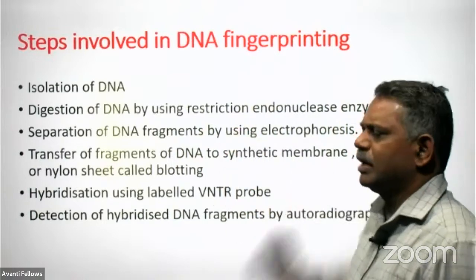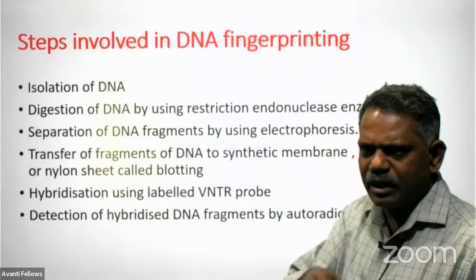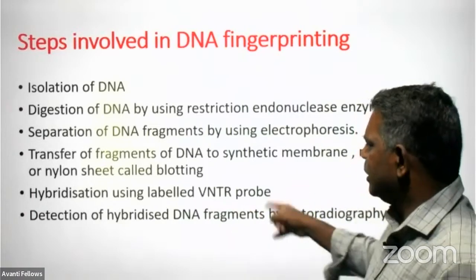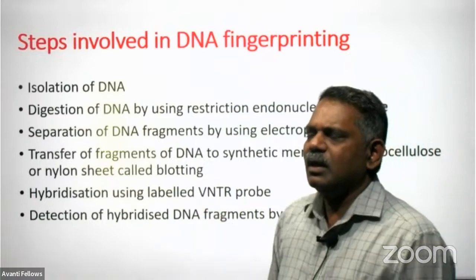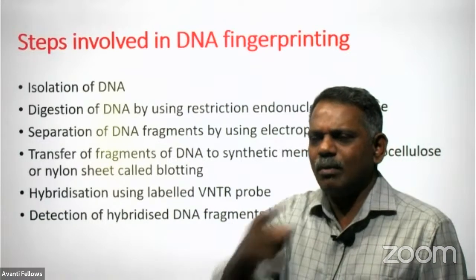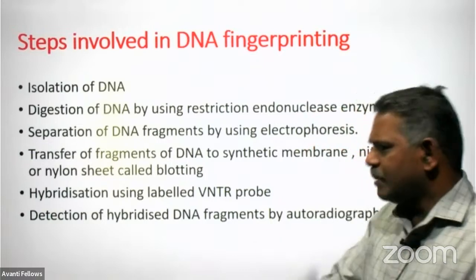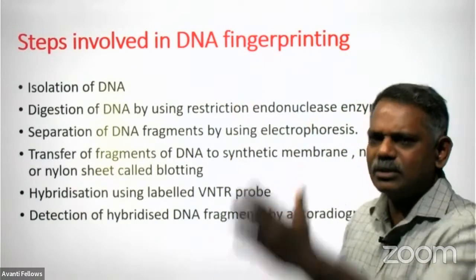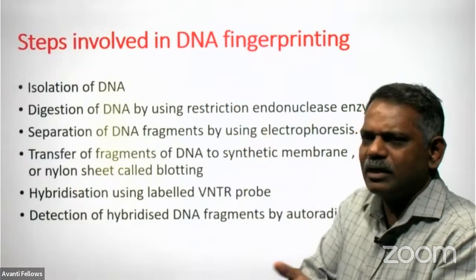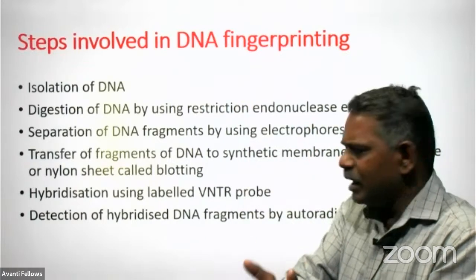Then go for hybridization. Now it is single-stranded DNA only. On this single-stranded DNA, go for hybridization, making a complementary new strand. It is called a hybrid because one strand is non-radioactive and the newly constructed one is radioactive.